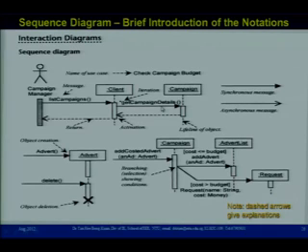So the sequence diagram covers control flow. So the answer is very clear, right? Since it shows the basic structures of control flow, obviously it covers control flow. So it's different from data flow diagram techniques.